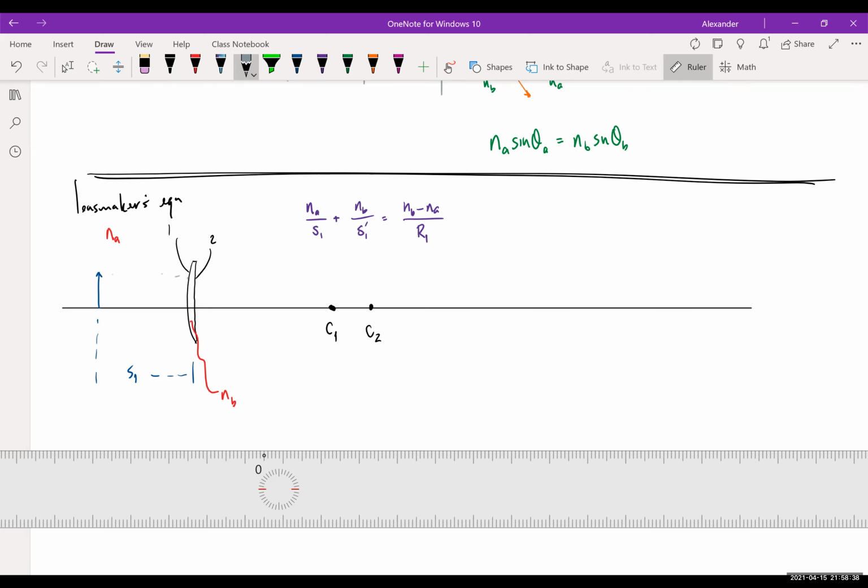And if we follow the outline of the picture that we saw, suppose the image is formed here.